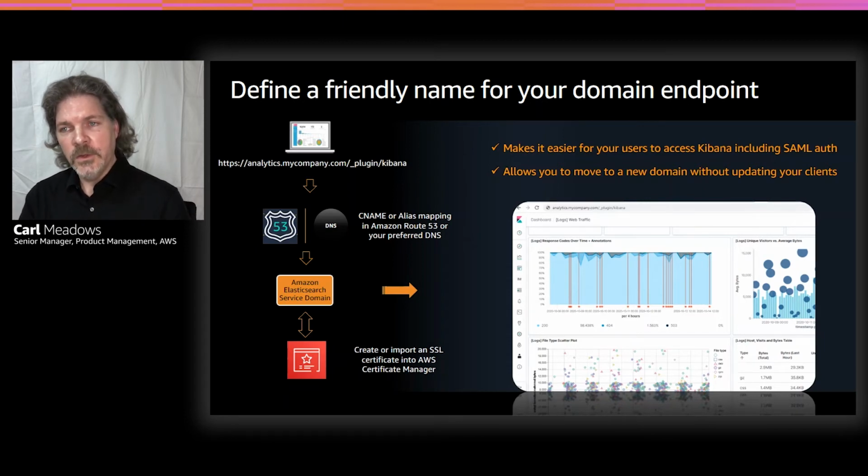But then you can rotate clusters out behind it. The individual Amazon Elasticsearch Service domain could be removed and replaced, and it doesn't disrupt your clients at all. This just makes it a lot easier operationally and for your users. And this also integrates with the SAML support that we're going to demo, which the two together is a really nice combination.